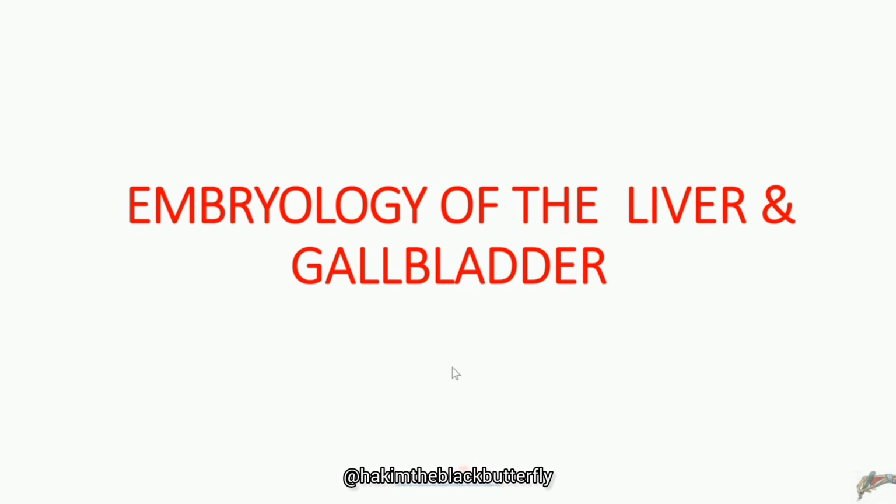Yes, I just wanted to add something small. I found out that the liver and the gallbladder develop from where the midgut joins with the foregut, there we shall form the endodermal hepatic bud.